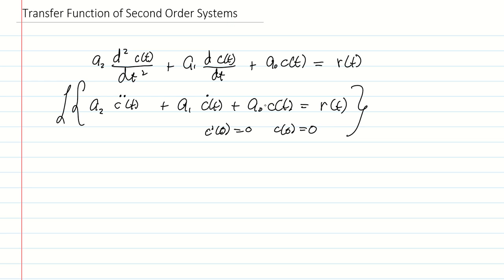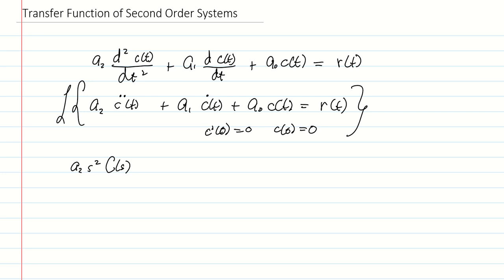So now, taking the Laplace, the first term here, we have a2, the Laplace of a second order derivative, s raised to n, where n is the order of the derivative. This is a second order, so this is s squared, multiplied with the capital letter C in the s domain. If we have initial conditions, we need to subtract those, s times c prime of 0 and minus c of 0, and so on.